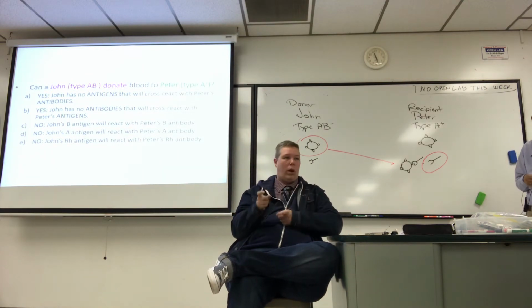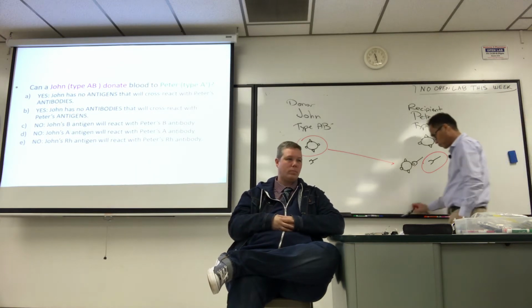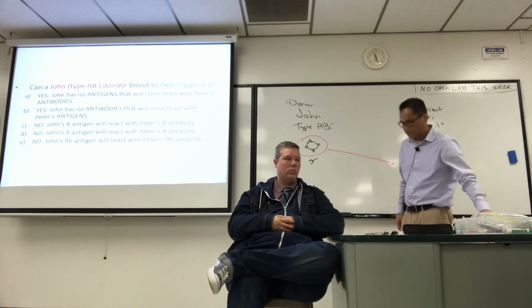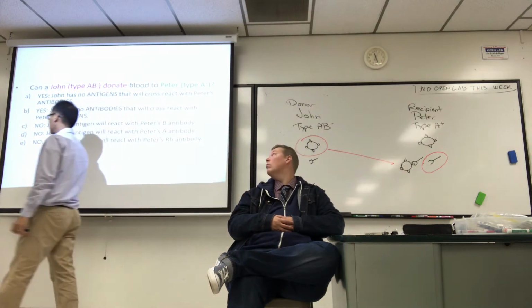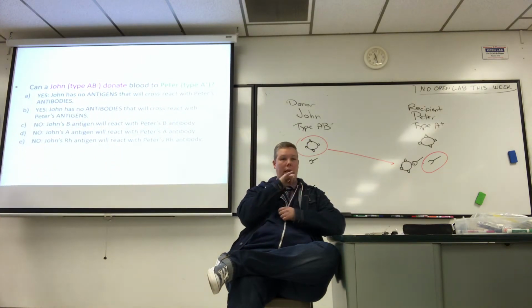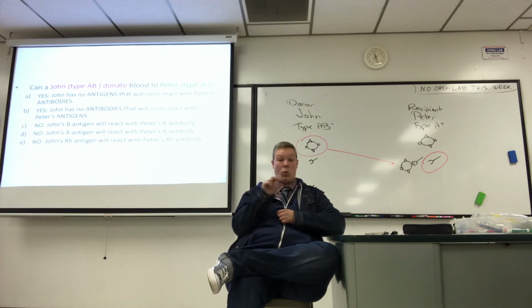Okay, so let's look at the choices here. Let's first get the yes or no. Can John safely donate to Peter? Is that a yes or a no? That's a no, but then the logic is also expected. What cross-reacted? That's what we look for here.